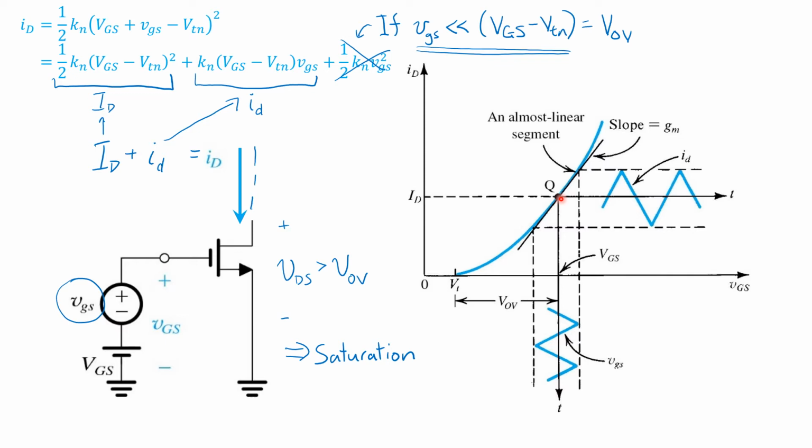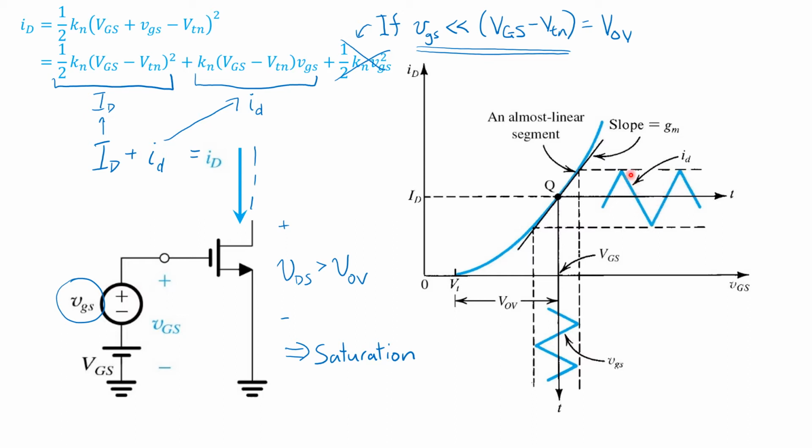Then superimposed on that, we see the small signal, all lowercase vgs, which can vary with time. For example, shown here is a triangular waveform. As VGS varies around the operating point, the drain current slides back and forth along this quadratic curve, resulting in a current waveform, ID. The current waveform can be thought of as consisting of the operating point part, and superimposed on that, the small signal, all lowercase id.